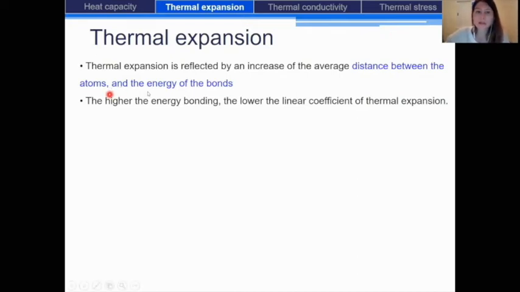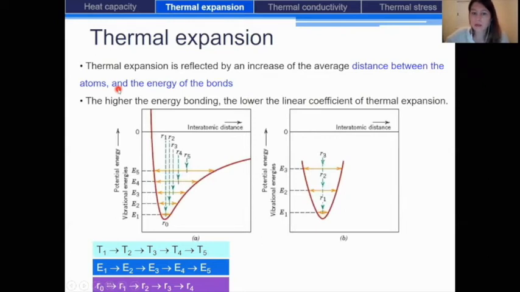So let's use this graphic in order to explain the thermal expansion. The minimal energy in a material is reached when the atoms are at the equilibrium distance, and in fact this is the case when the material is at 0 Kelvin. Then if we heat this material, we give thermal energy to the material, and this will increase the vibrational energy of the atoms.